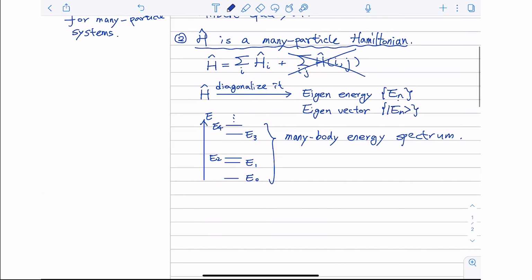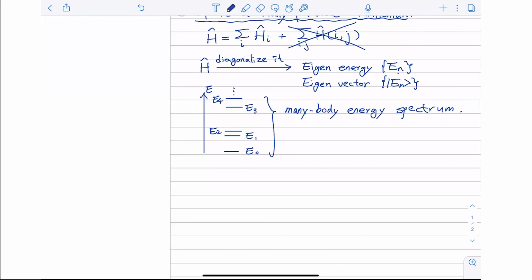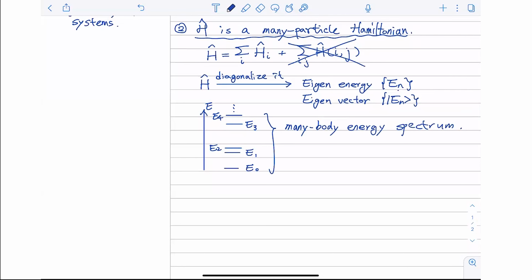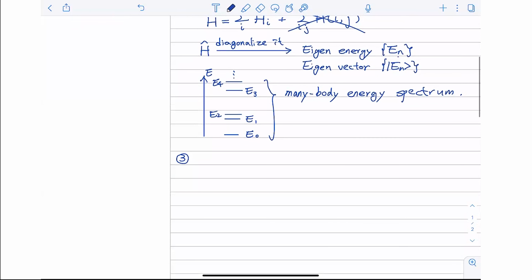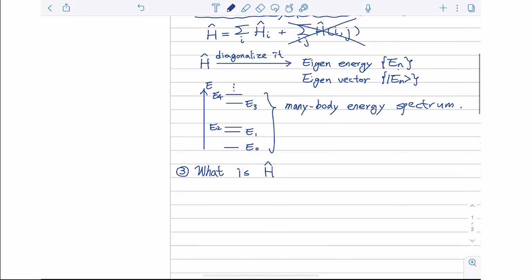So that's about the spectrum of the Hamiltonian. And here we want to ask a more conceptual question. What exactly is this thing? What is the meaning of this operator?